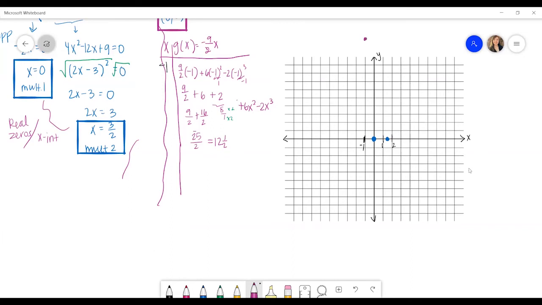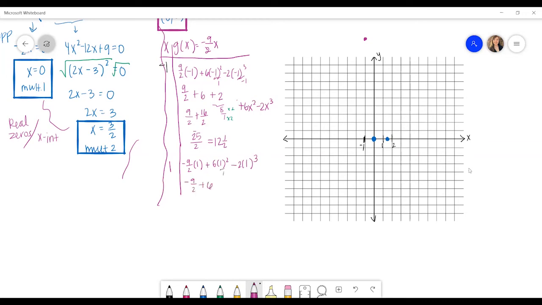Okay, let's try another point between 0 and 3 halves. I'm going to plug 1 in. So if we plug in 1, we've got negative 9 over 2 times 1 plus 6 times 1 squared minus 2 times 1 cubed. So this is negative 9 halves plus, this is just 1, right?